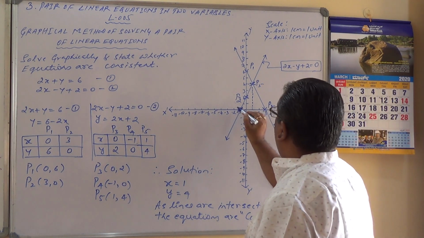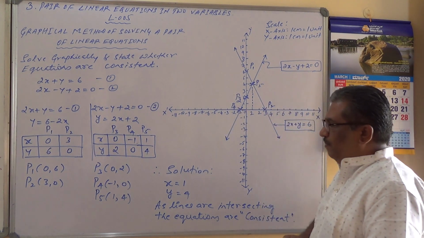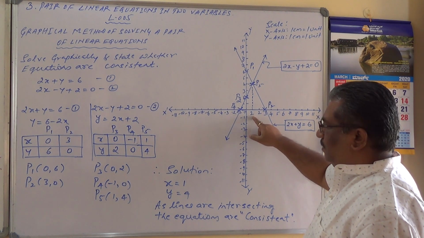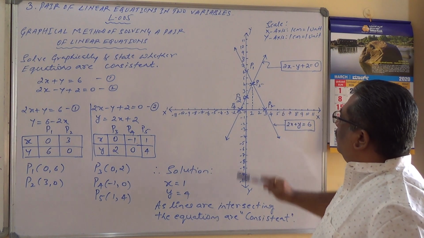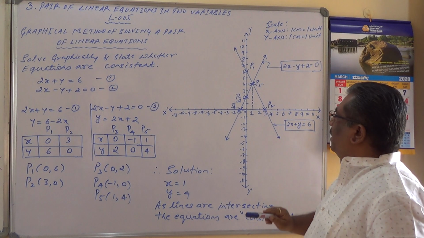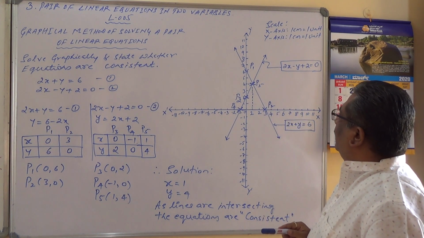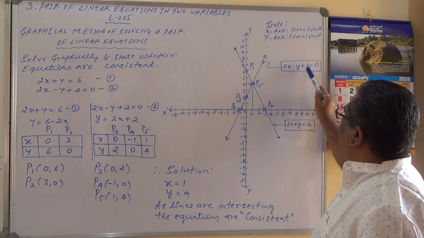This is P4. Then P5 is (1, 4): the x coordinate is 1 and the y coordinate is 4. Joining these 3 points by a straight line gives us the graph of 2x - y + 2 = 0.